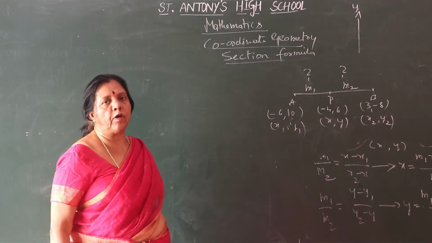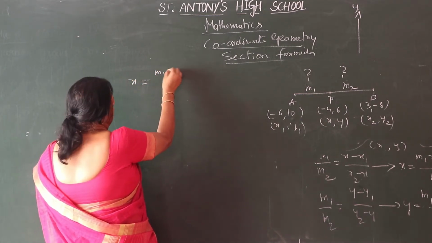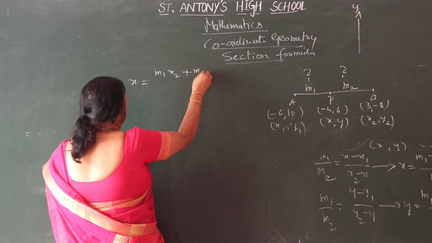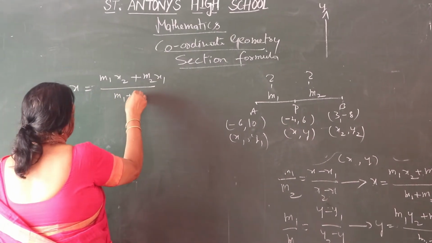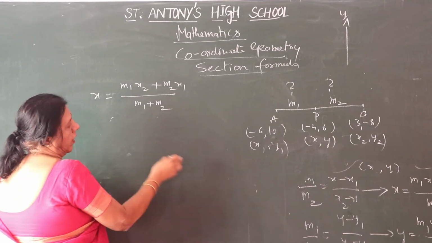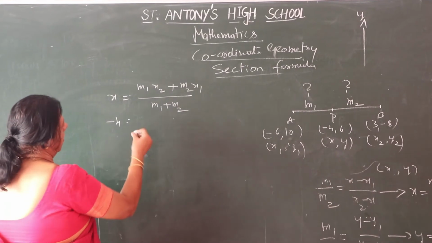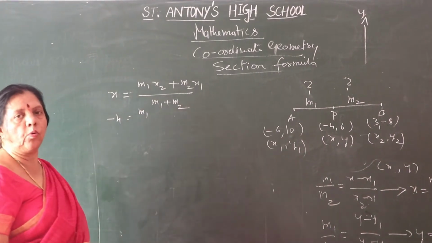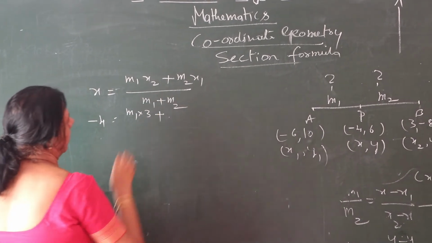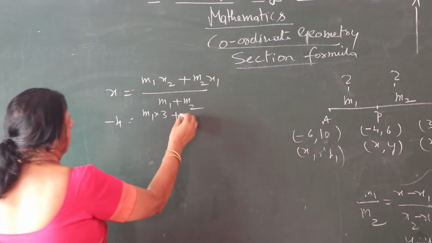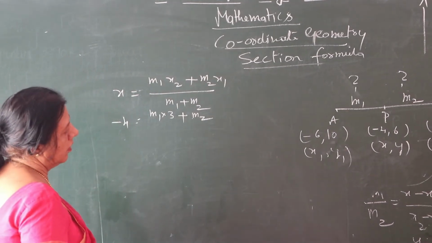So now take the section formula. What is x? x is equal to m1 x2 plus m2 x1 by m1 plus m2. Correct, children? Now x is -4. What is m1? We don't know. What is x2? 3, so 3 into m1 plus m2, which we don't know, into x1.